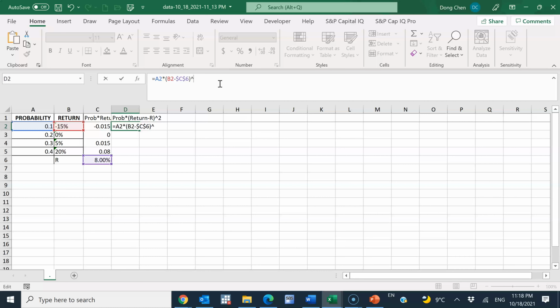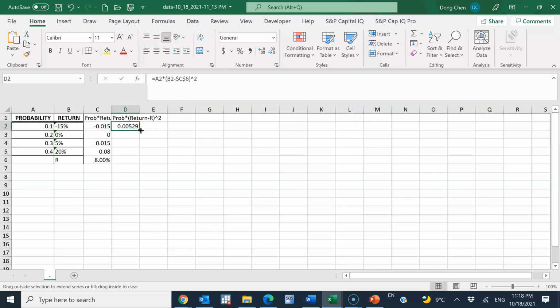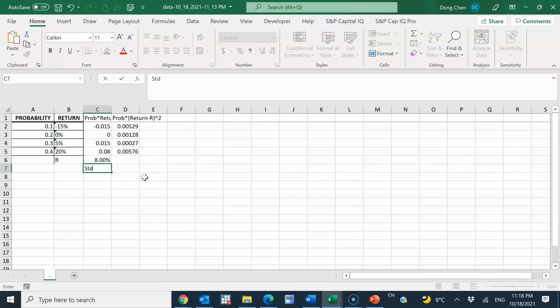So then I can just take the square of that. So far, this is the product of the probability and the square of the deviation of each individual return from the expected rate of return. So then I can drag the cell to the other economy states, and then standard deviation is simply also the sum of it. I can actually even make this simpler by just dragging the cell here to the other column.